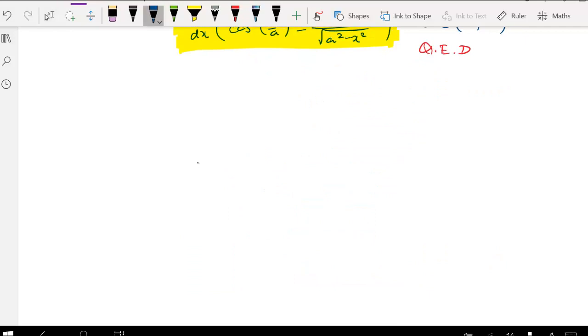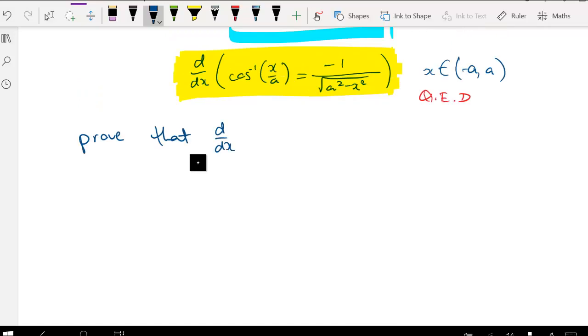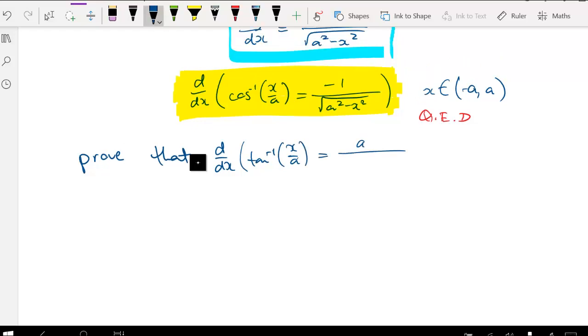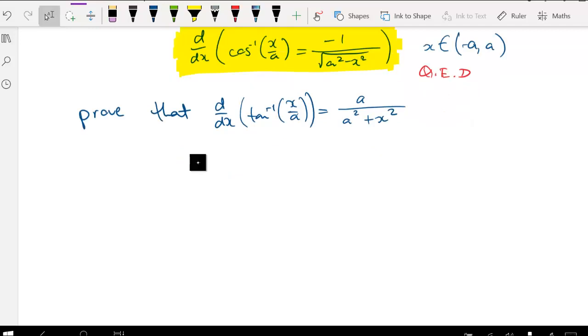Alright, so now we're looking at our third proof. We're looking to prove that the derivative of arctan(x/a) is equal to a/(a² + x²). So we'll take the same approach.